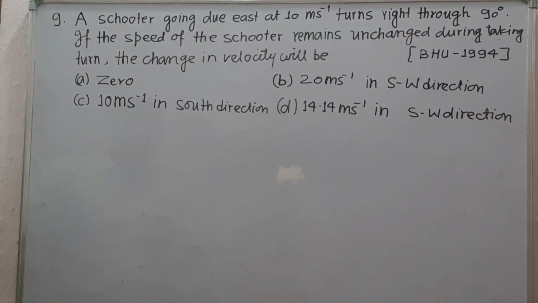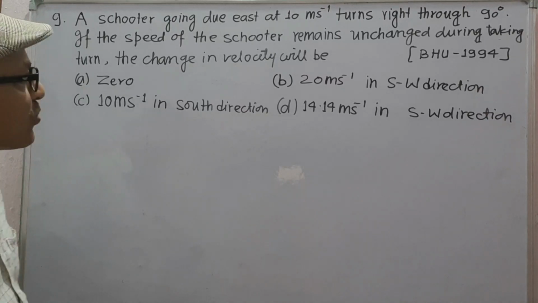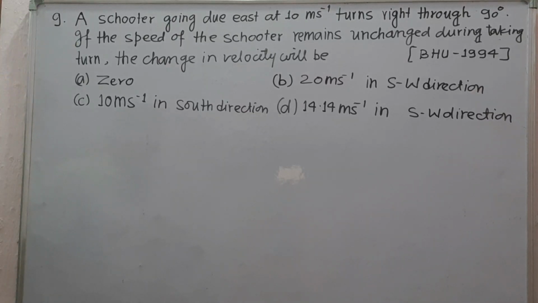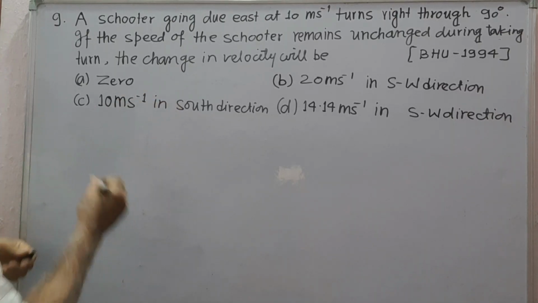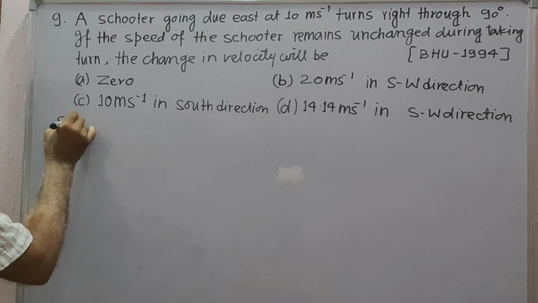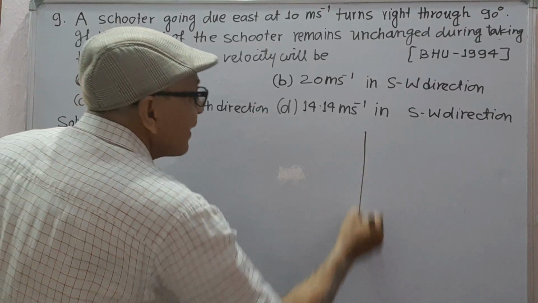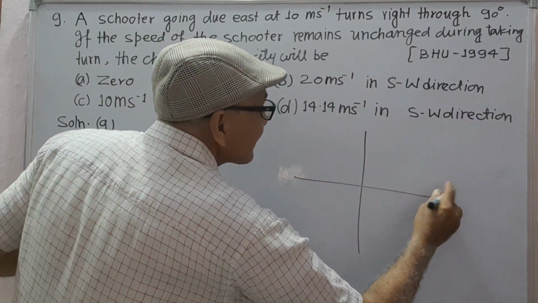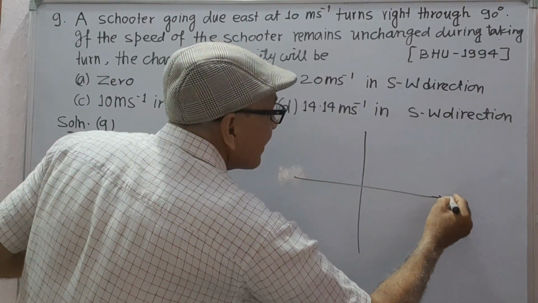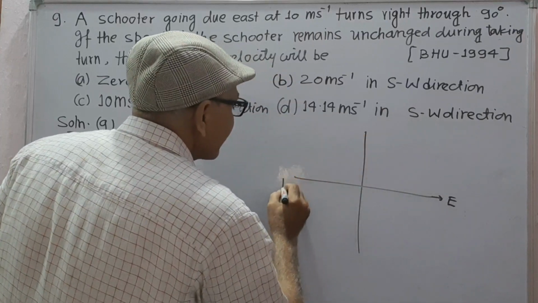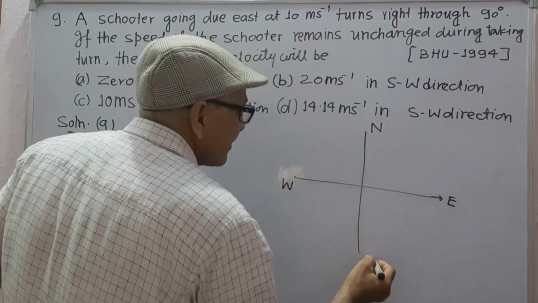Question number 9. A scooter going due east at 10 meter per second turns right through 90 degree. If the speed of the scooter remains unchanged during taking turn, the change in velocity will be, these are the options. Solution to question 9. Here, this is east, west, north, south.